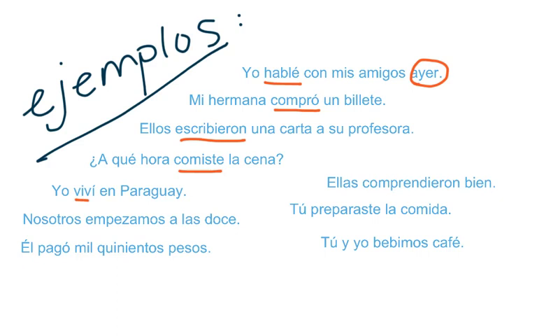Yo viví en Paraguay. Nosotros empezamos a las 12. Él pagó 1,500 pesos. Ellas comprendieron bien. Tú preparaste la comida. Tú y yo bebimos café. Always to talk about actions that have taken place in the past. Bien.